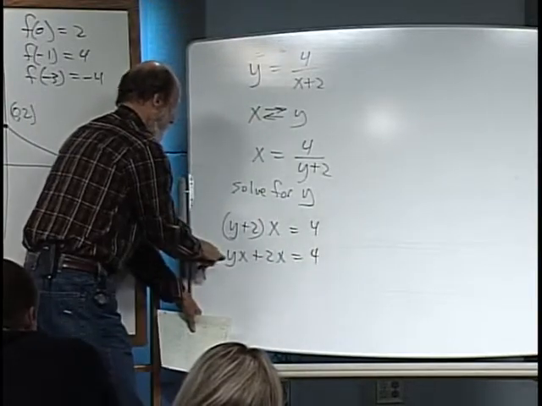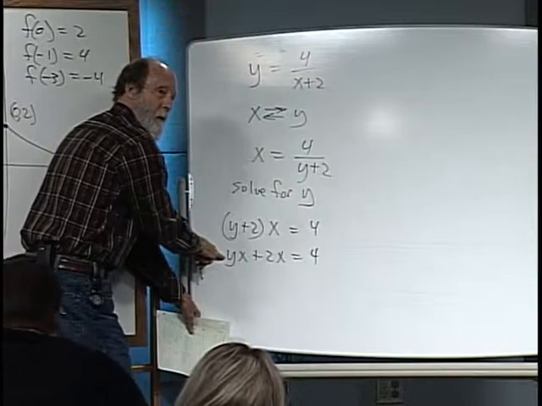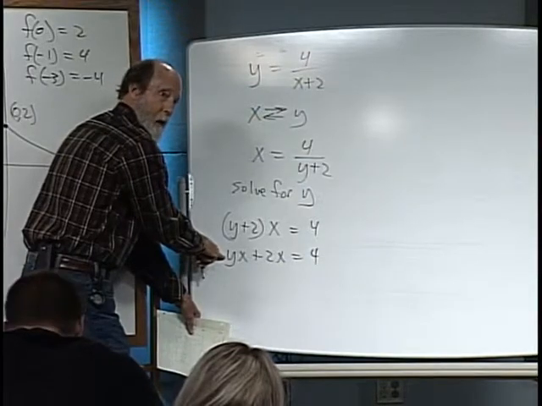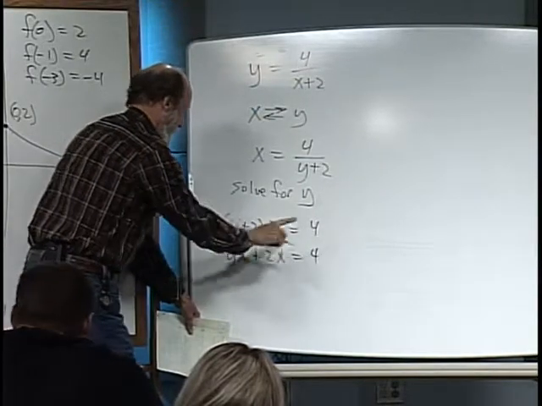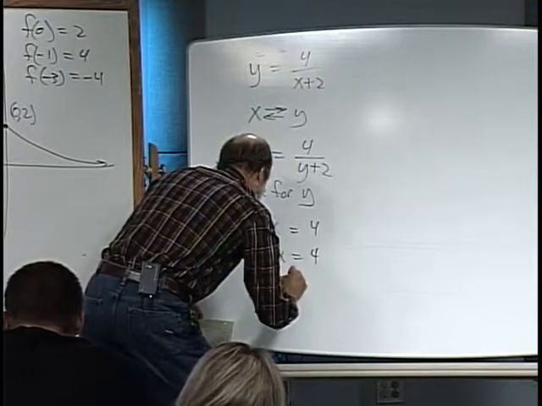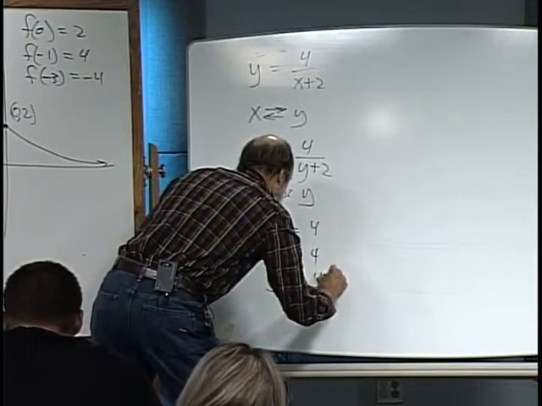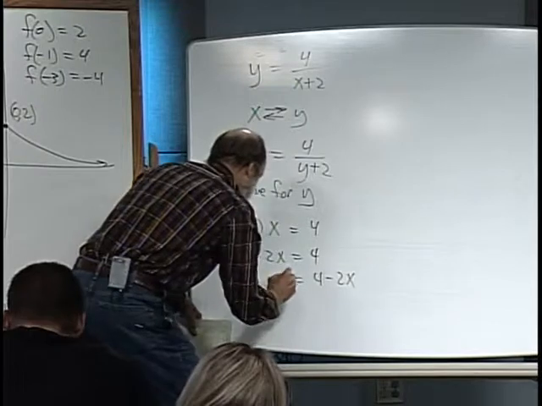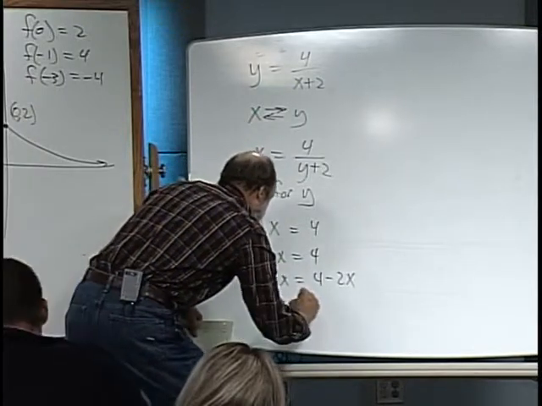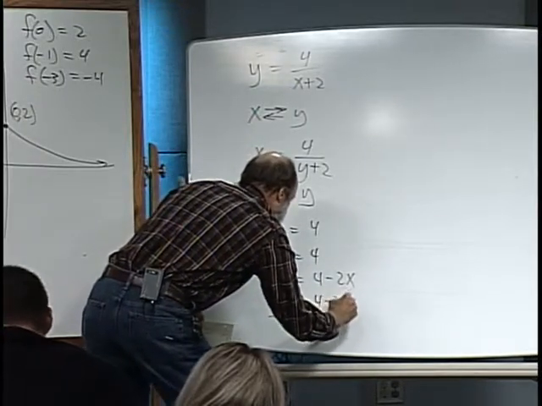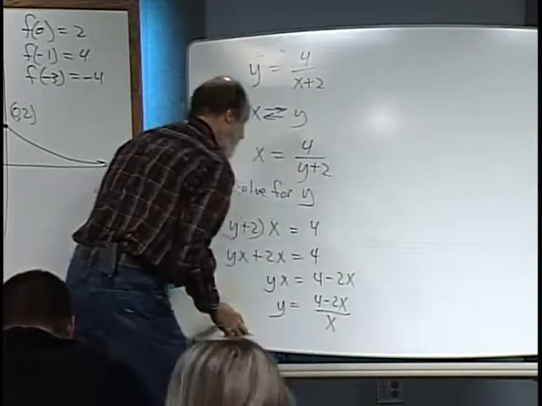And now here's the y right here, so we need to isolate the y. We're going to kick all this stuff over to the other side. So we have y times x equals 4 minus 2x. Then we divide both sides by x, and we get (4 minus 2x) over x.